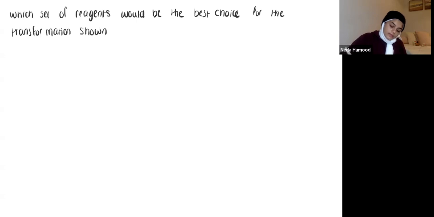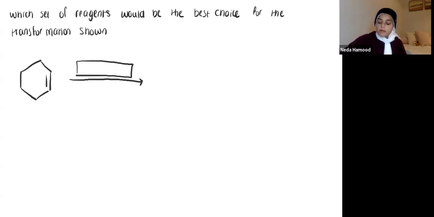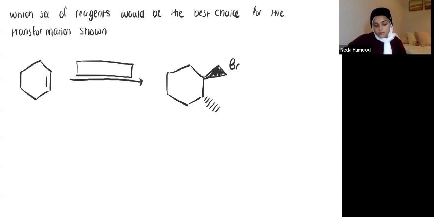And then we have this. And then we are looking for what reagents might be used. Then we have bromine on a wedge and OH on a dash.